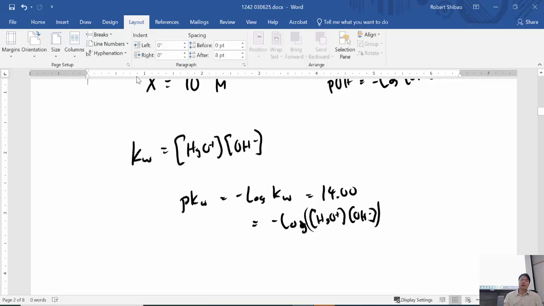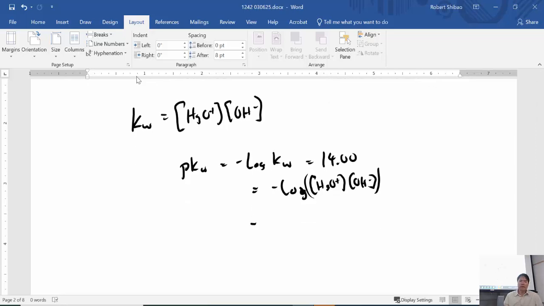The negative log of the product is the sum of the logs. So this is going to be the negative log of the hydronium concentration plus the negative log of the hydroxide ion concentration.